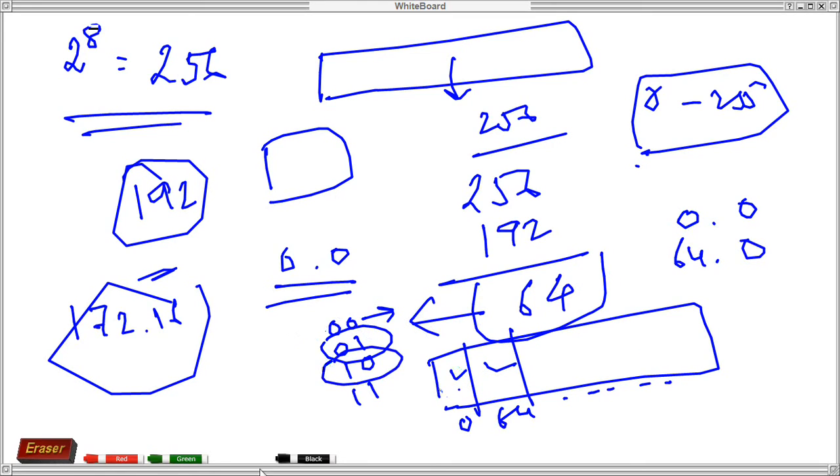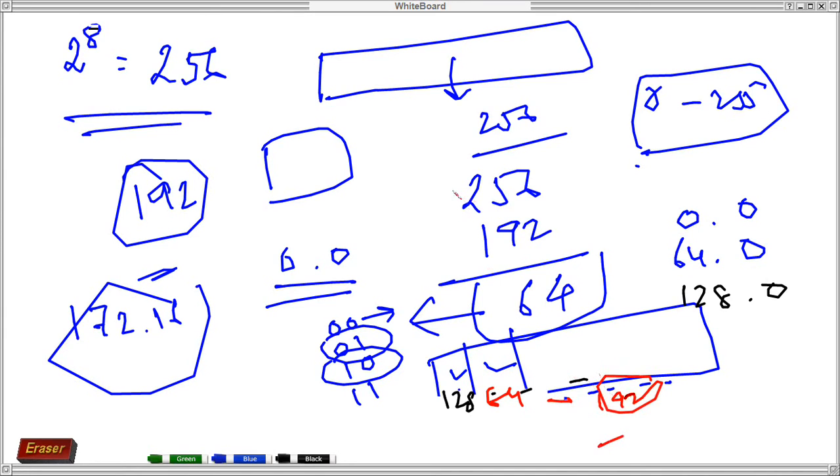If it is 10, then what will be the value? This bit is 128 and remaining all are 0, so it will be 128.0. And if it is 11, it will be 192. And you can see the magic number 192.